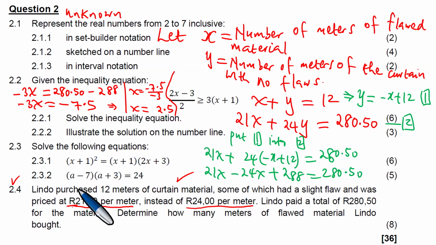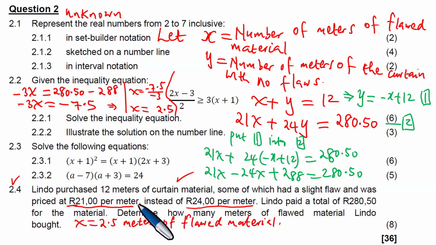This means that at this point we have x equals 2.5 meters of flawed material. Okay, so the type of material that is bad.